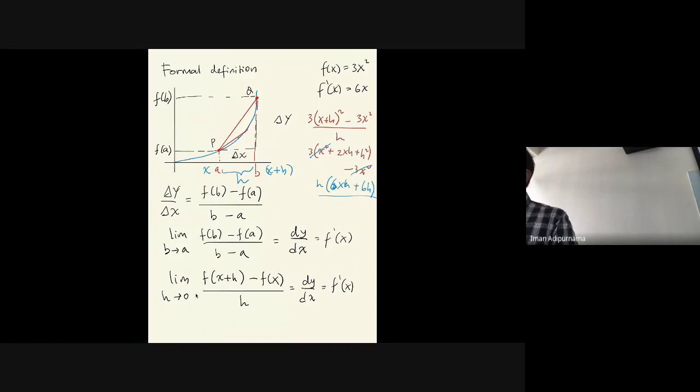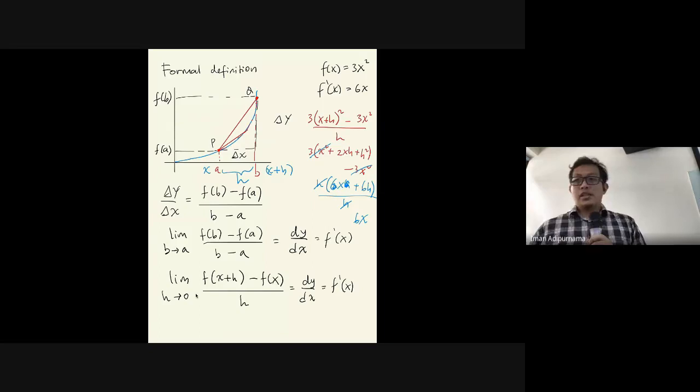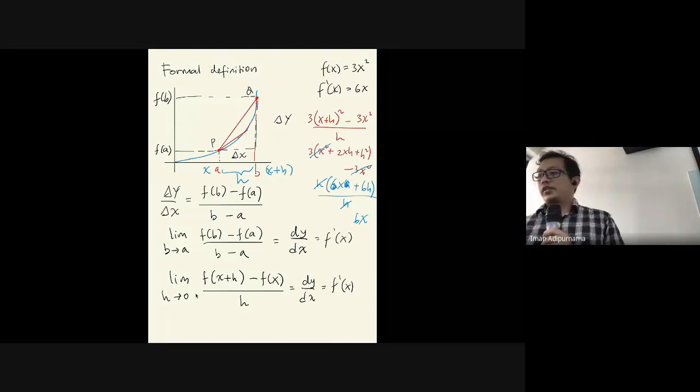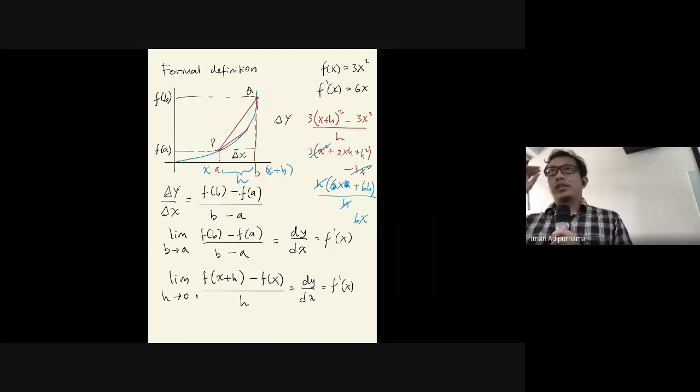And this h, yeah. And plug in h to here, it will be 6x, right? So actually, this is the derivative, okay? The derivative at the early concept. Okay?